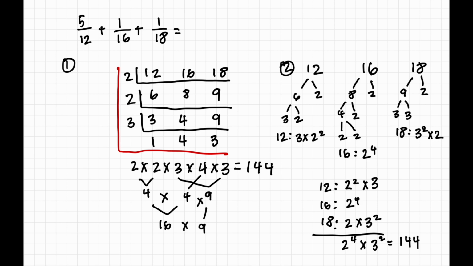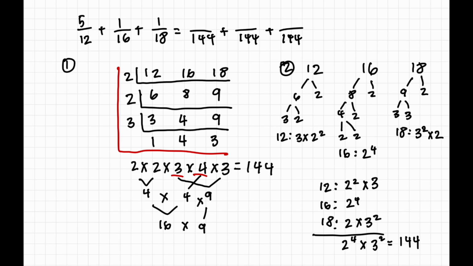So the least common denominator of 5/12, 1/16, and 1/18 is 144. And if we do that for all of them, let's see. To prove this one, it would be 3 times 4 equals 12, right?